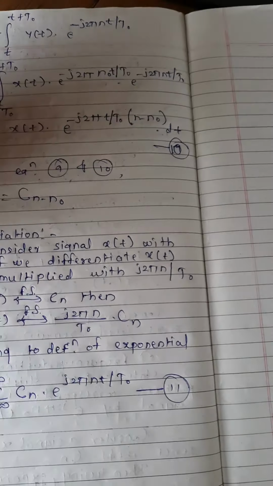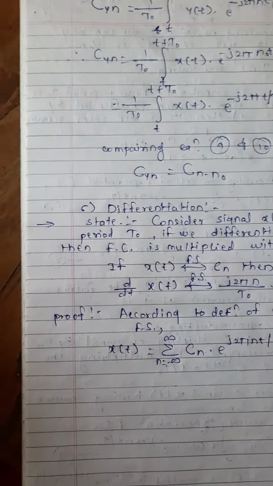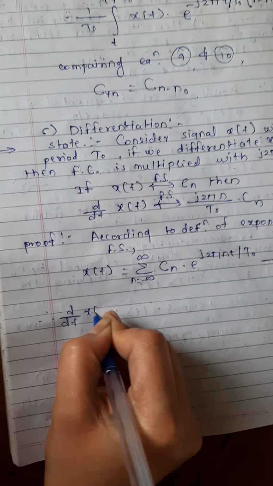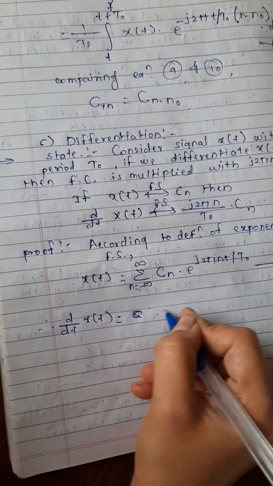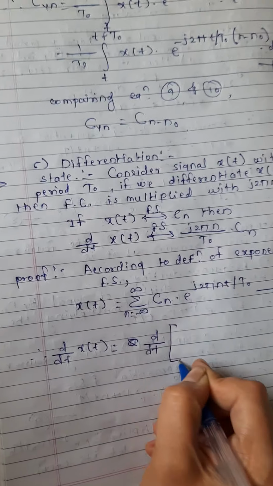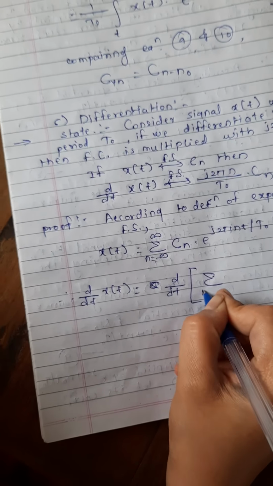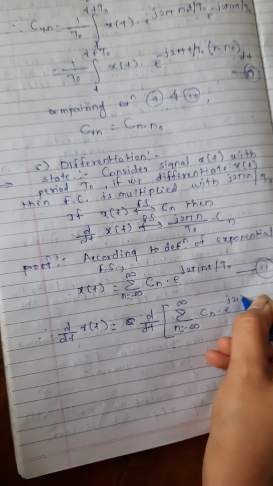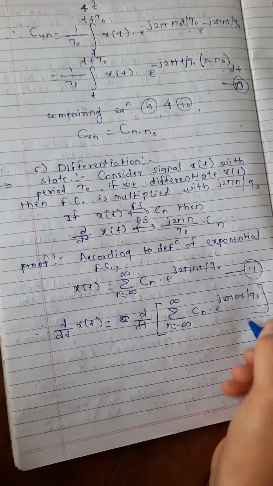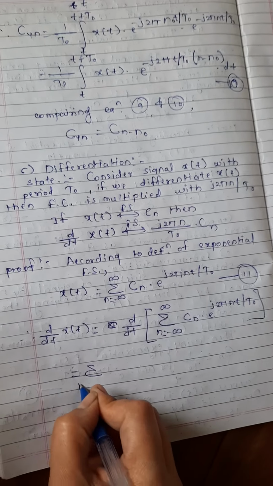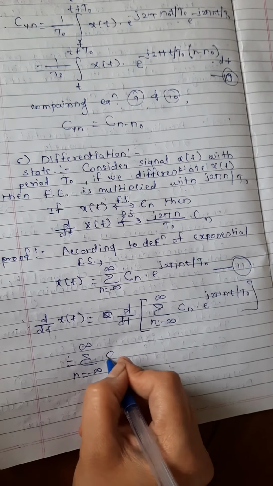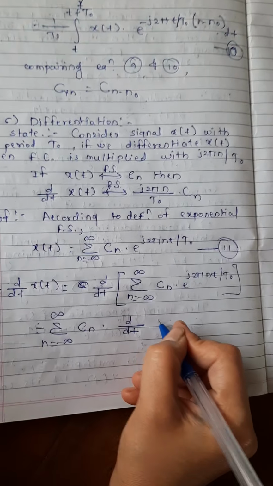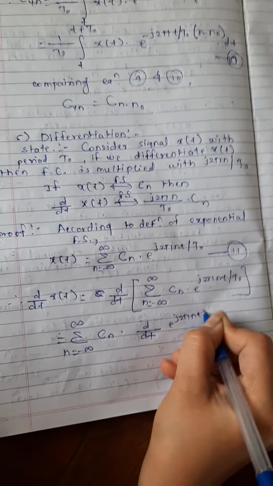We have this equation. Now we differentiate this equation both sides with respect to t. So the equation becomes d by dt of x of t is equal to summation n goes from minus infinity to infinity Cn, this is a constant, so outside, d by dt of e raised to j2 pi n t by T0.